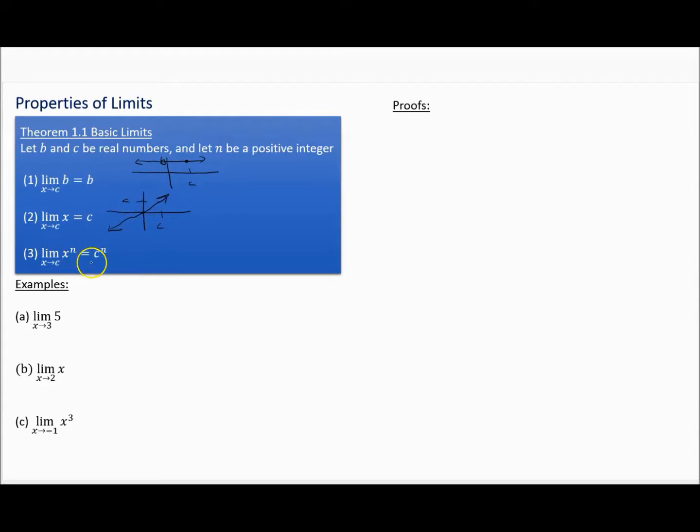And then this one, I can't graph that because it could be x squared, x to the third, x to the fourth. So this third property is really powerful, but it's saying that whatever your c value is, you just substitute it into the function, and it's going to give you the answer.